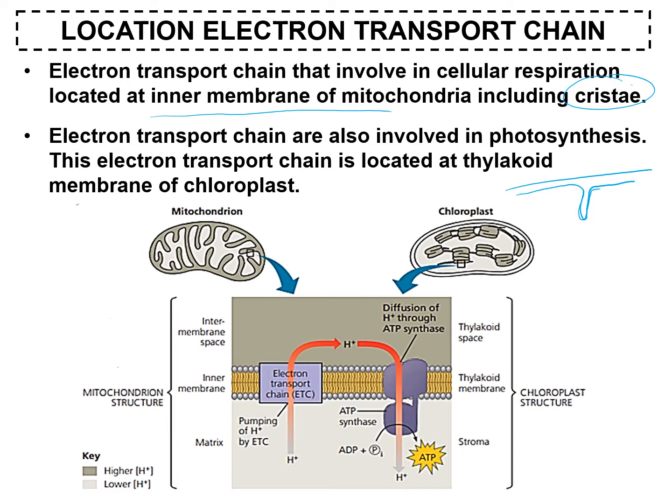So the cristae is also actually the inner membrane, but it is the part where it is folded. The electron transport chain is also involved in photosynthesis, where it is located at the thylakoid membrane of the chloroplast. We will learn about it later and come across the same thing when we discuss photosynthesis.